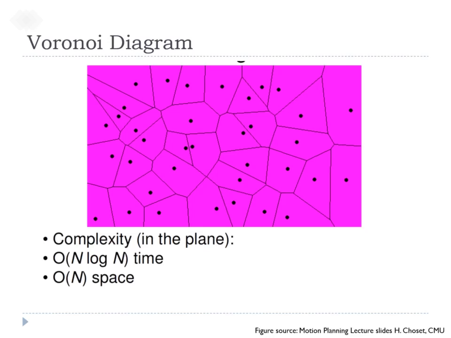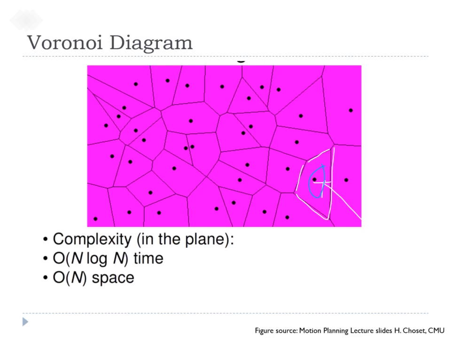So for example, if I consider this point, then this region is such that any point in this region will have a smaller distance from this vertex than from any other vertex in the plane.